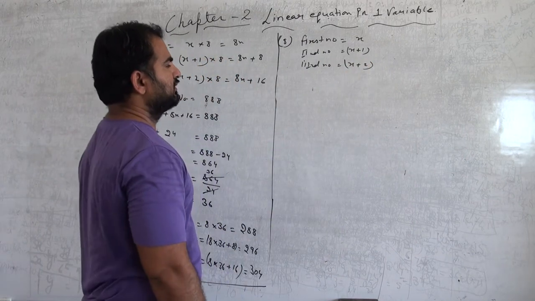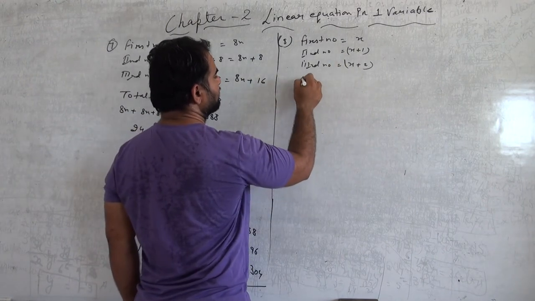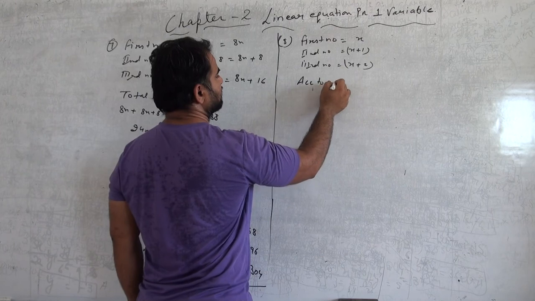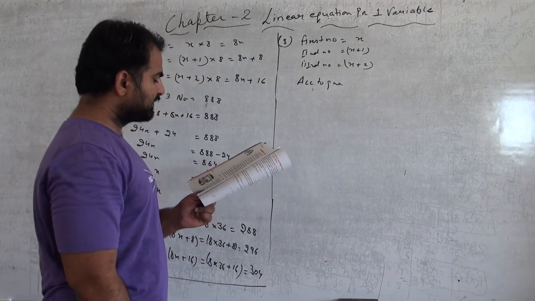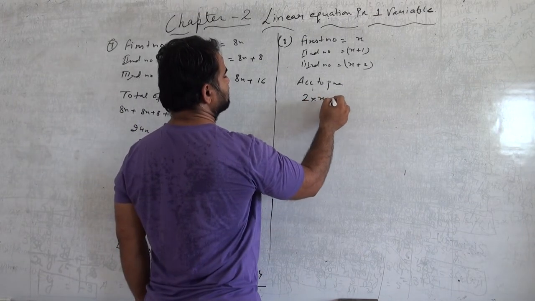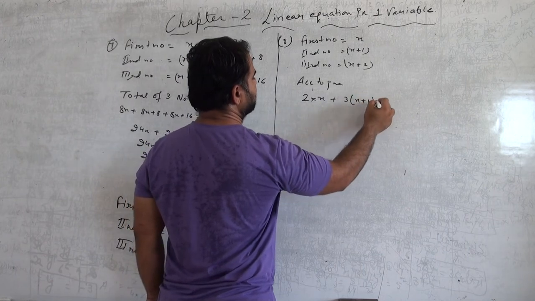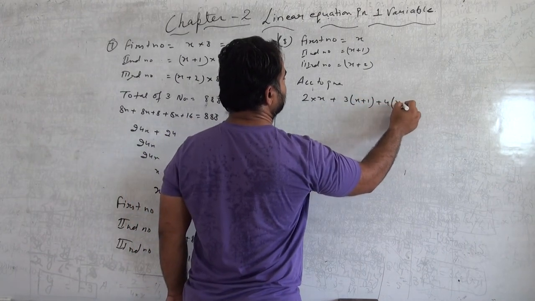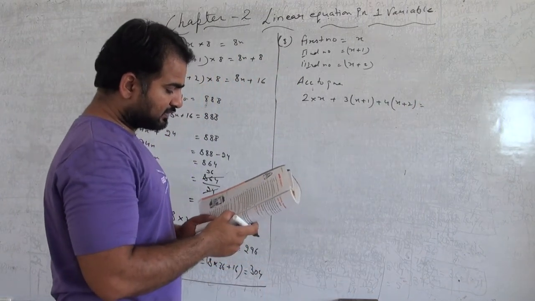Okay, so now what we have to do is, according to the question, multiply the first number by 2, second number by 3 and third number by 4. So it will be 2 multiplied by x plus 3 multiplied by (x plus 1) plus 4 multiplied by (x plus 2) gives the total 74.